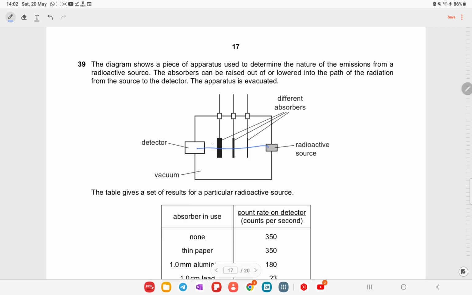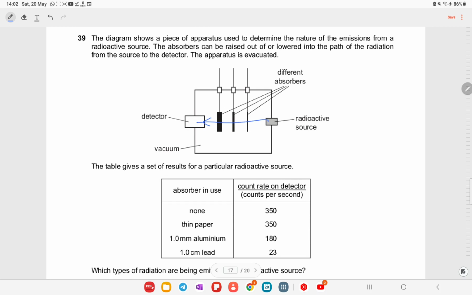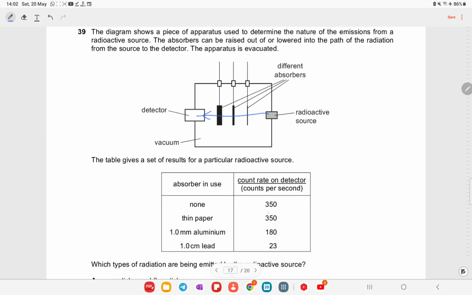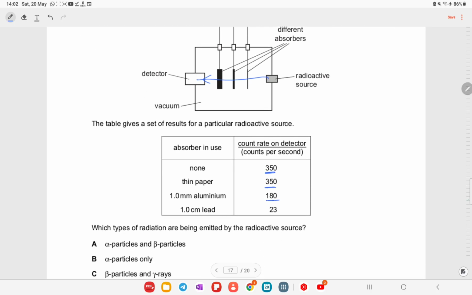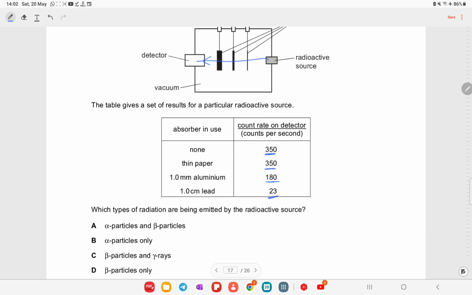With no absorber, the count rate was 350. With thin paper, the count rate was this. With a 1 mm aluminum sheet it was like this, and with lead it was this one.